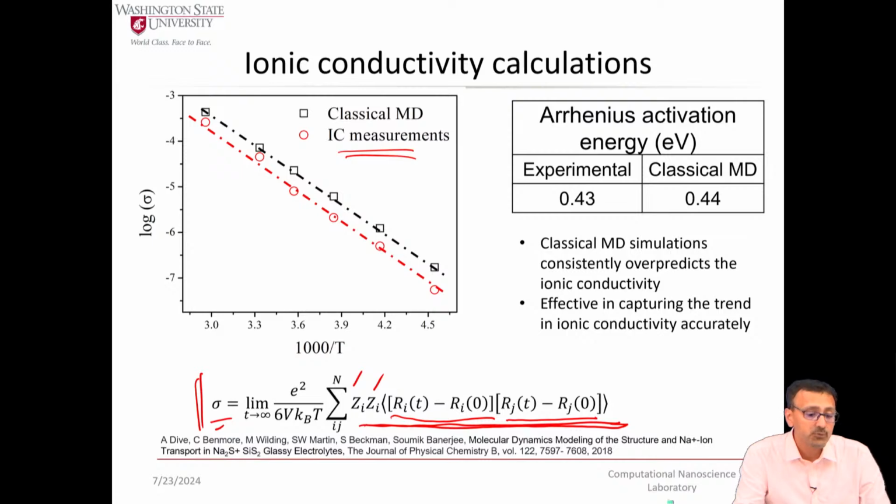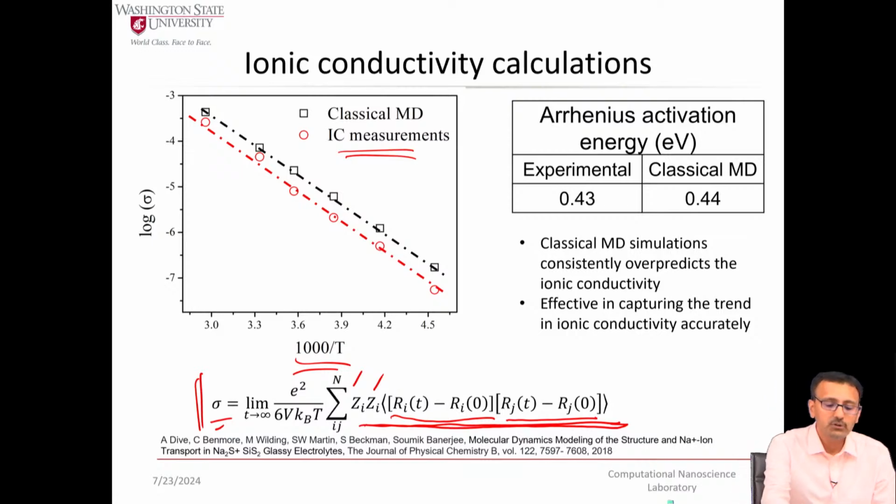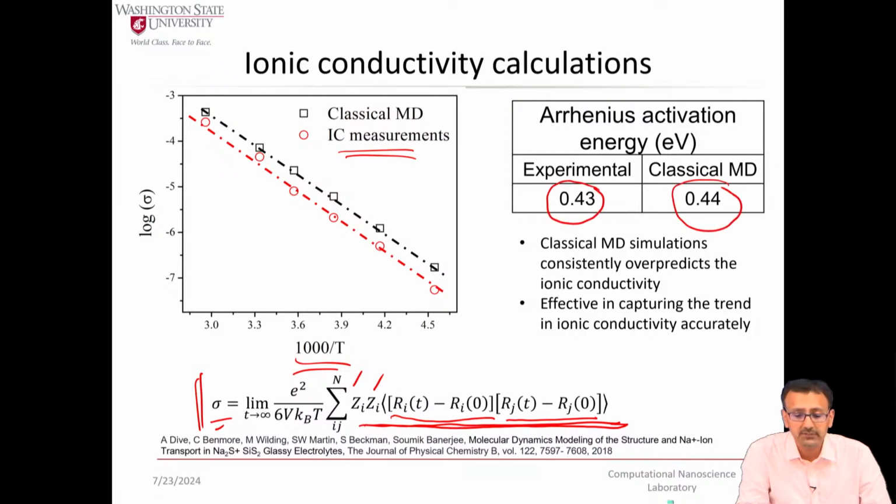You can see we overestimate the ionic conductivity over the range of temperature we looked at, but we are still capturing the trend pretty well. If you fit an Arrhenius expression to this, you can calculate the Arrhenius activation energy for these ion hops, and they agree pretty well between our classical MD simulations, 0.44 electron volts, and the experiments, 0.43 electron volts.